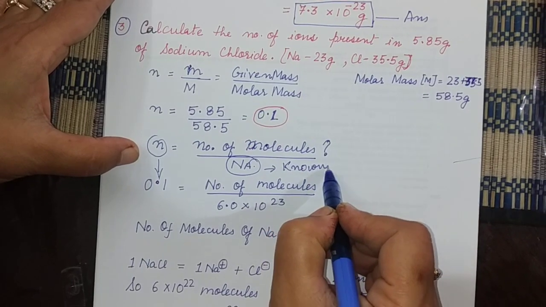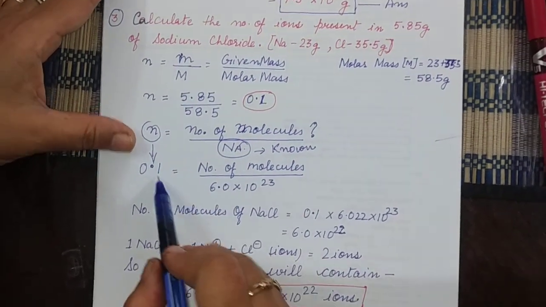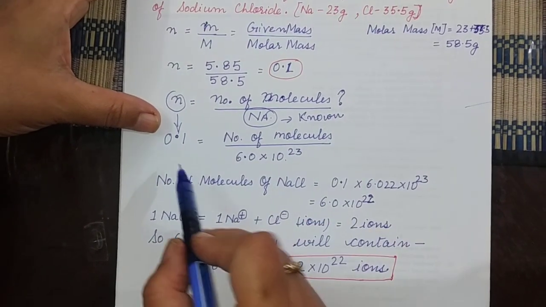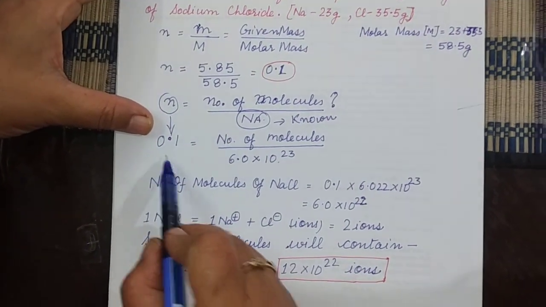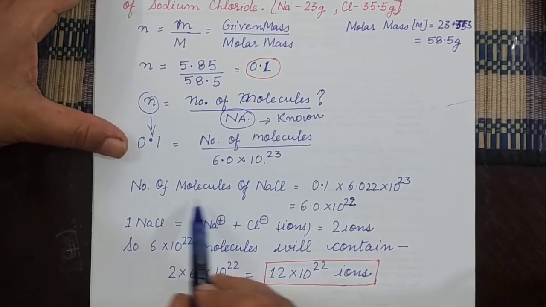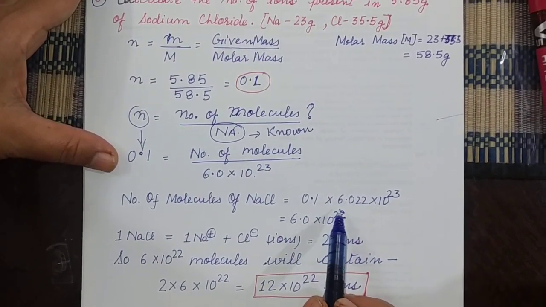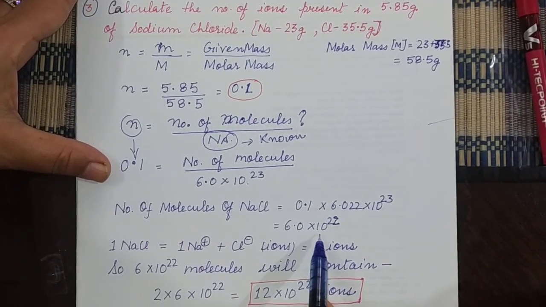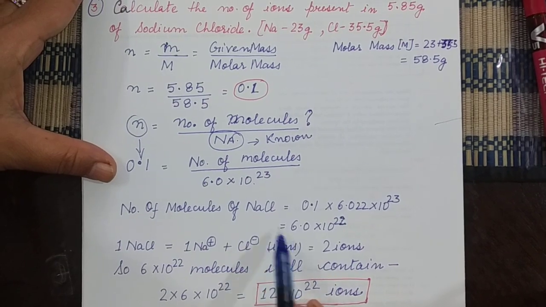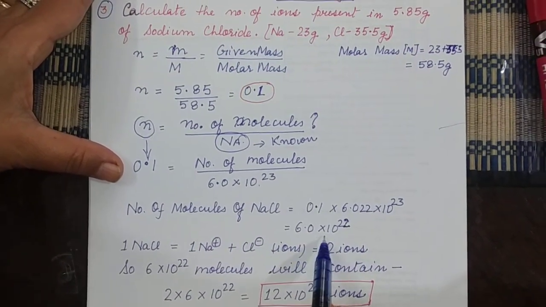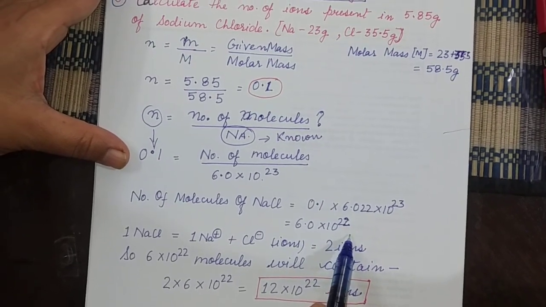So by putting the two known values, the third unknown value can be calculated. You can see 0.1 is equal to the number of molecules divided by Avogadro's number. So the number of molecules is equal to 0.1 into 6.0 into 10 to the power of 23, and this comes out to be 6 into 10 to the power of 22 molecules of NaCl in 5.85 gram of NaCl.